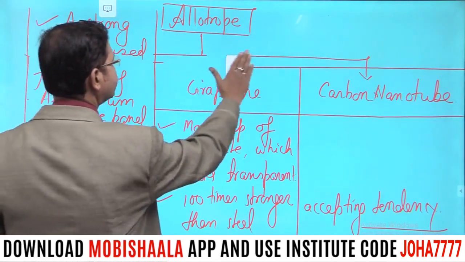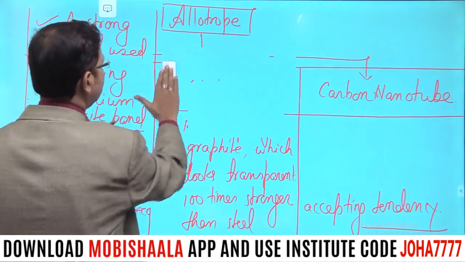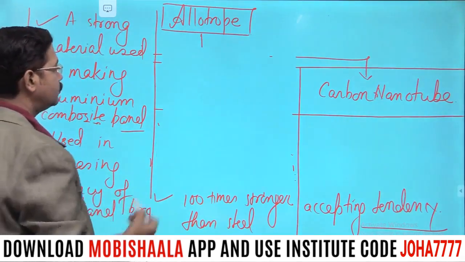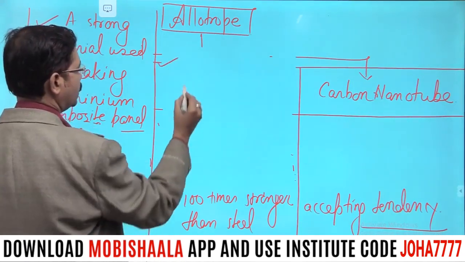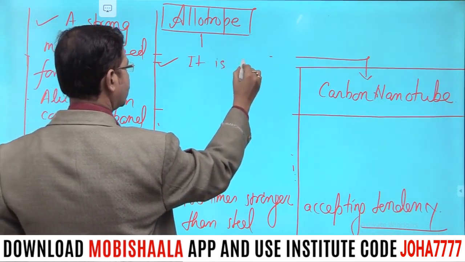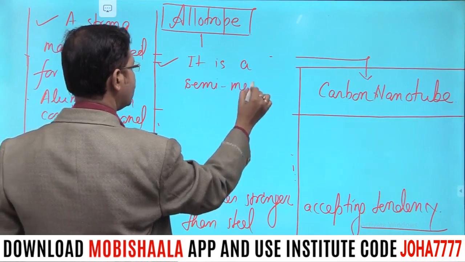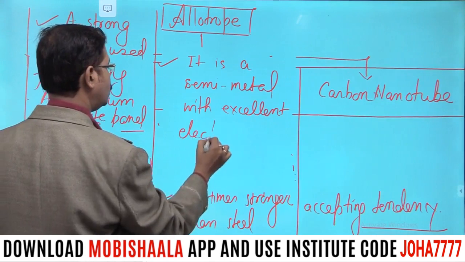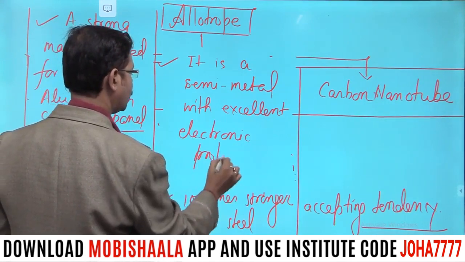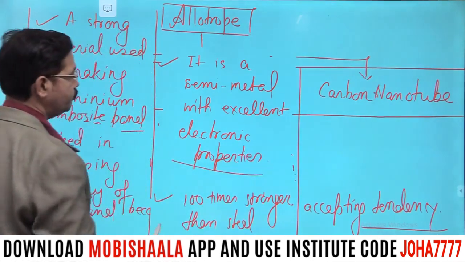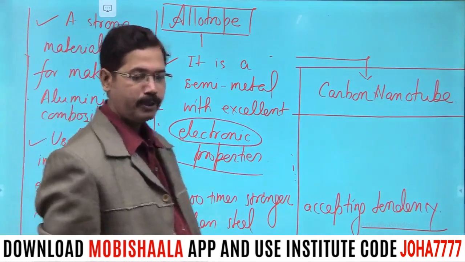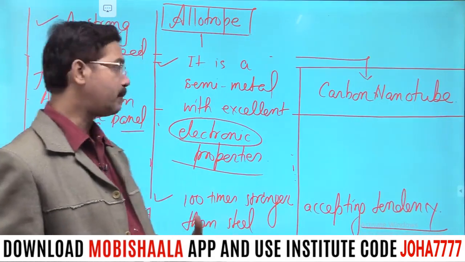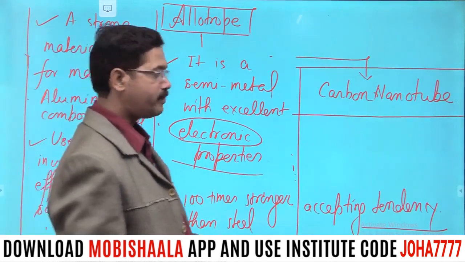So you can use it in electronic goods. For electronic gadgets, है ना, which need a strong body, for that purpose we are using what? Graphene. So it has very wide use, you can see.